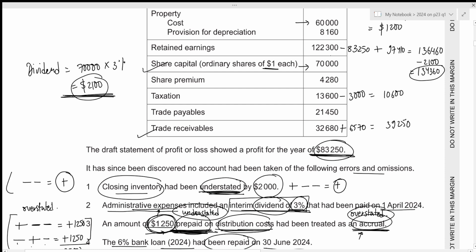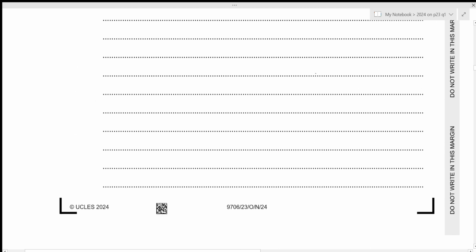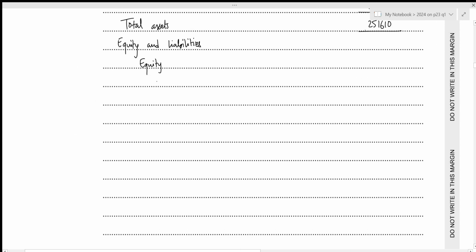Then the share capital will be recorded at 70,000. Then we have the share premium of 4,280. Those are the only three items within equity. Let's write it down. So we first have the share capital of 70,000. We then have the share premium of 4,280.